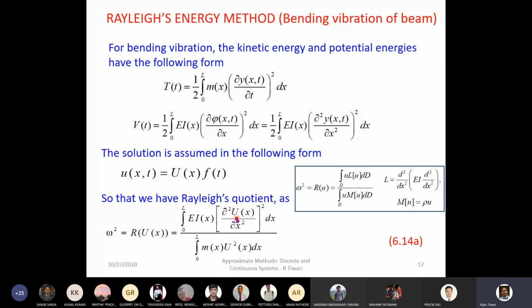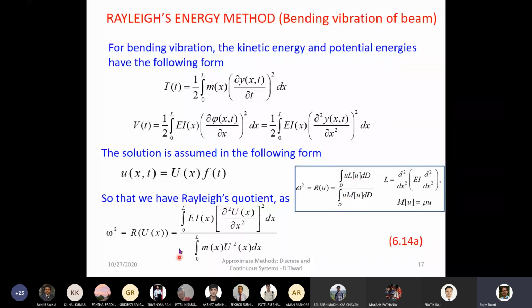Again here, if we substitute this L operator and do the integration by parts with respect to x 2 times, this Rayleigh's quotient can be converted into this form. So they represent one and the same, but some more terms will come. They contain the boundary conditions. So let us not expand that at present.